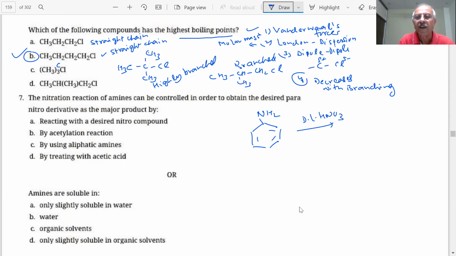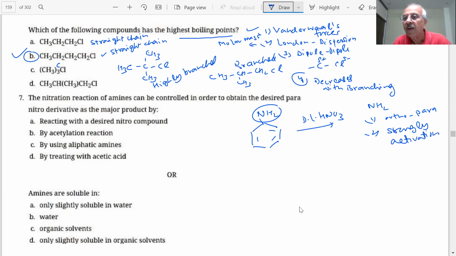What happens? This is a strongly activating group. You know, NH2 group is ortho para-directing and strongly activating group towards electrophilic substitution reaction, E plus. Here NO2 plus is used, student, in the nitration.